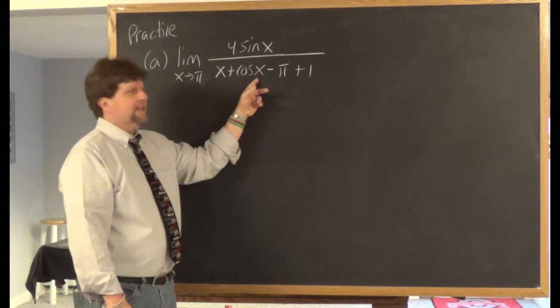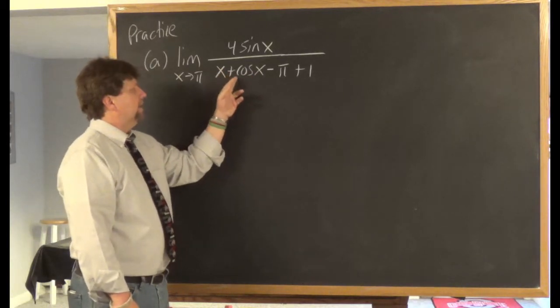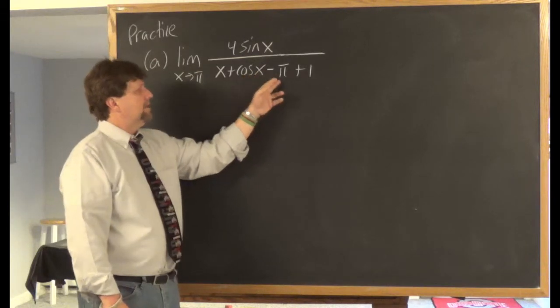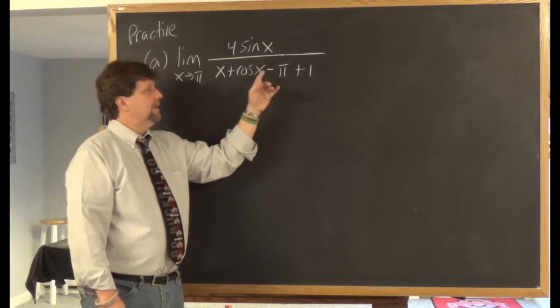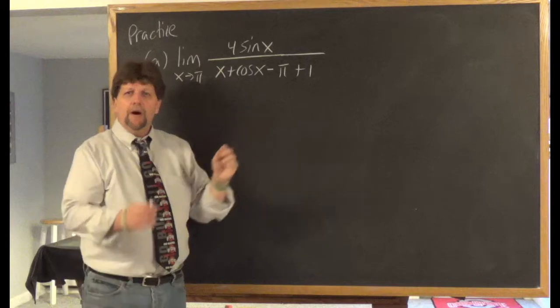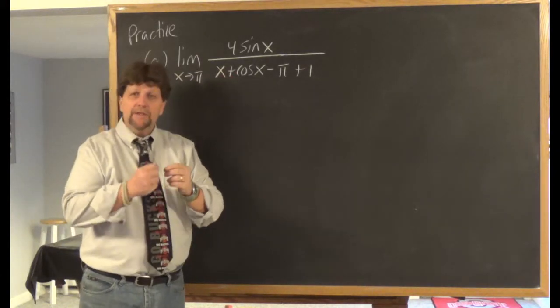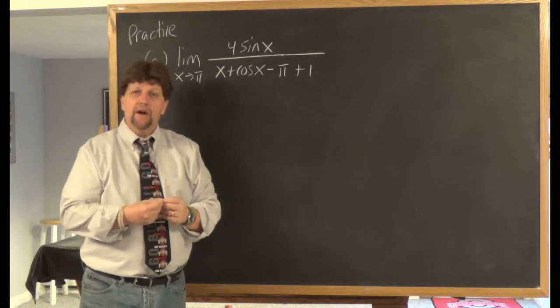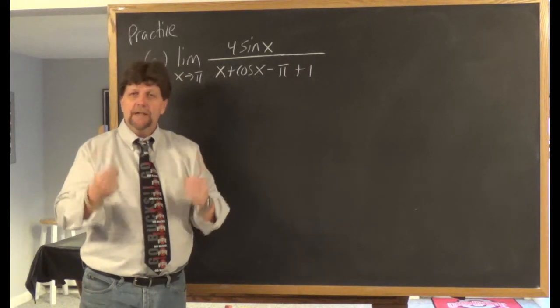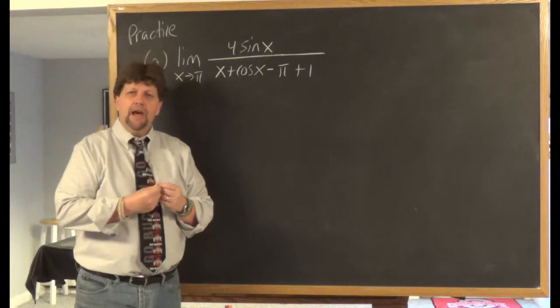Cosine pi is negative 1, so I have pi plus negative 1 minus pi plus 1, which is 0 as well. So the form of my limit is the indeterminate form 0 over 0.